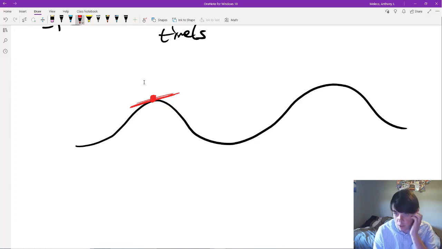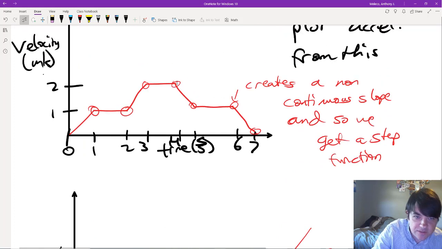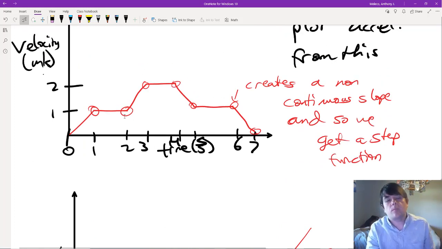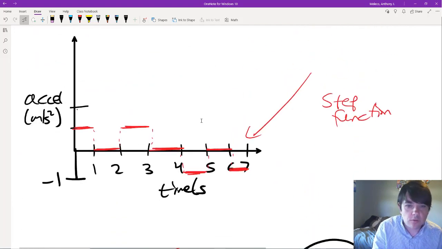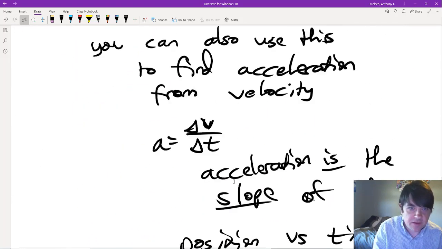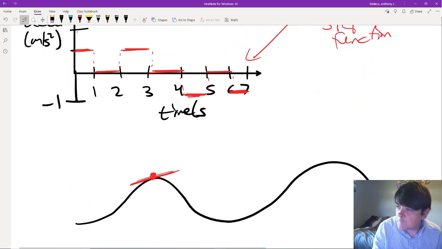And so that's why we use stuff like calculus. But we get stuff like this because in physics 1 we just have long periods of time, not instants in time. So we'll see step functions and stuff like that. But that's how you do these types of problems, okay?